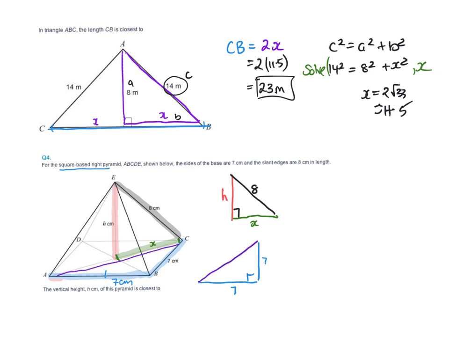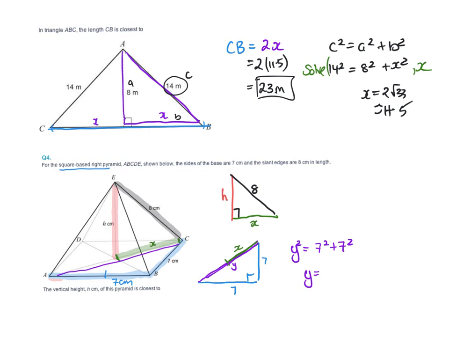So X is obviously half of that. Let's find this purple one along here. I might call it Y. So Y squared equals 7 squared plus 7 squared, and you can pop in solve and we'll find out what Y equals.